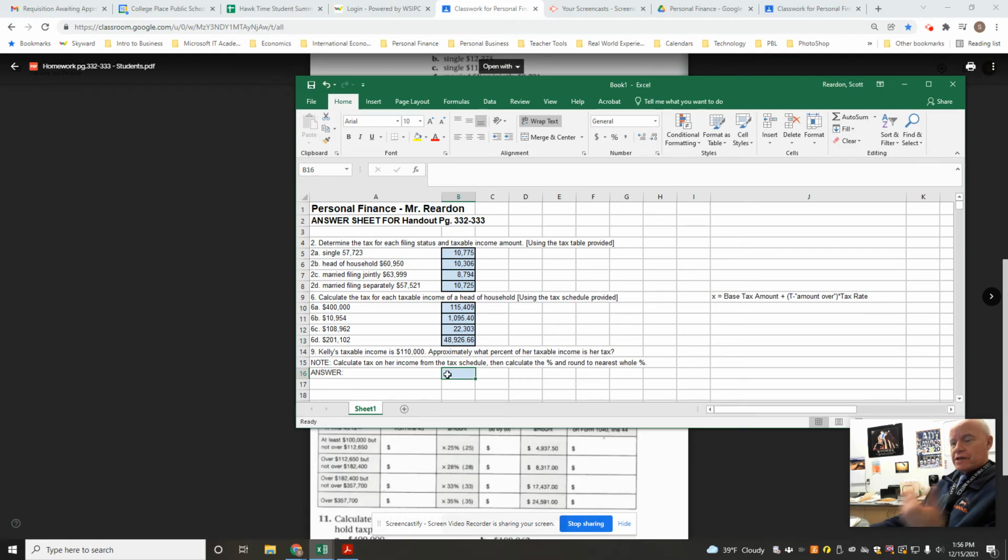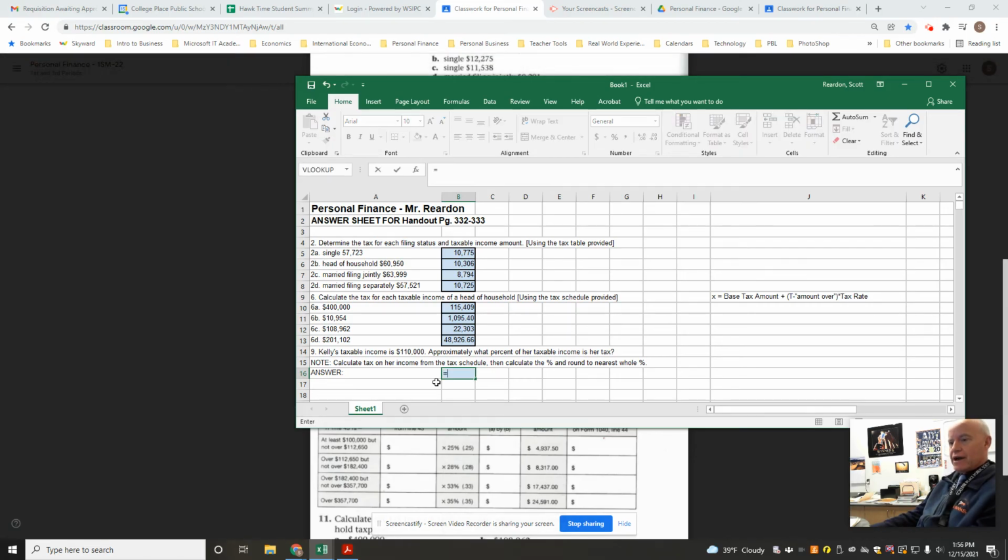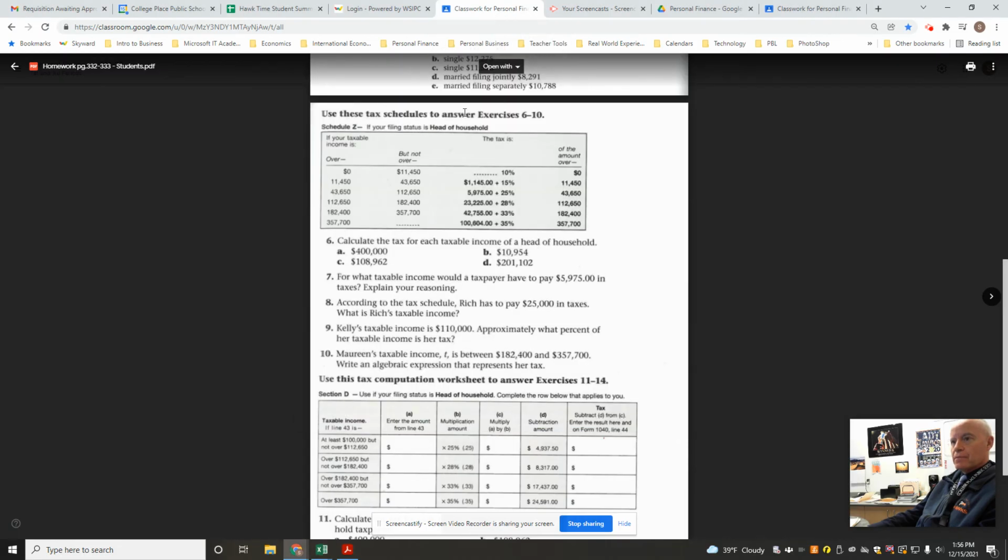Now, this last one, I need to start by calculating the tax on 110,000. What interval is that? Third interval. It can be very similar to the one I just did.